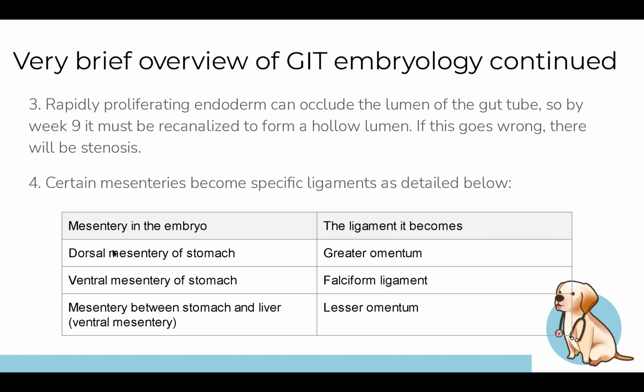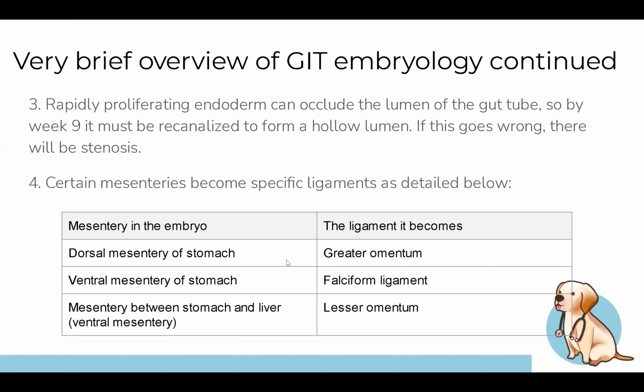So in embryology, we talk about these very specific mesenteries. Dorsal mesentery of the stomach, ventral mesentery of the stomach, and another subsection of the ventral mesentery, which is the mesentery between the stomach and the liver. And in the adult, these mesenteries change a little bit in their position, okay?